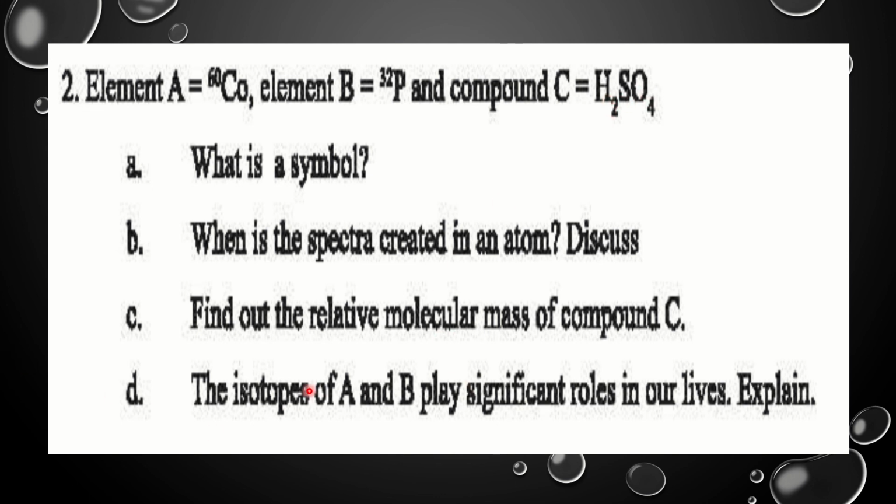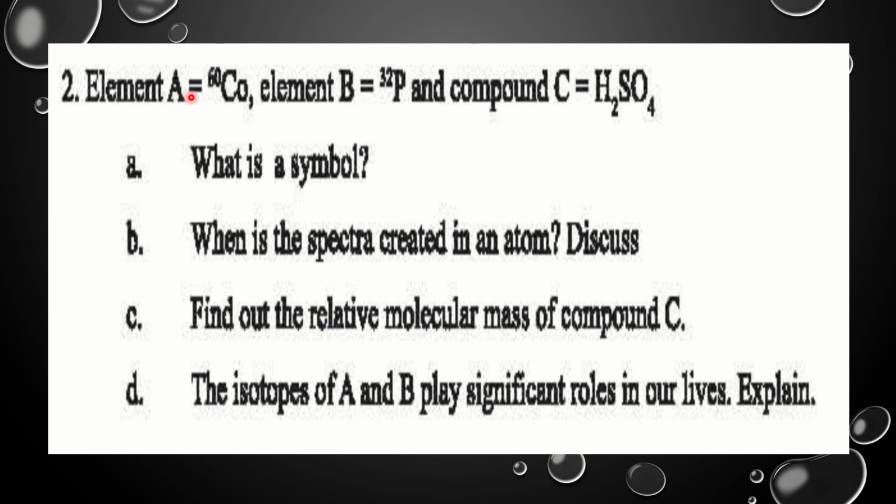The isotopes of A and B, A that is cobalt 60 and B that is phosphorus 32, play significant roles in our lives. Cobalt 60 is a very significant isotope. It is used for medical purposes.